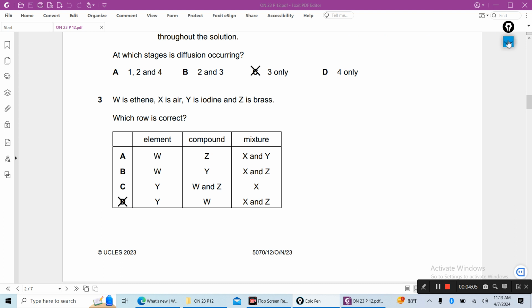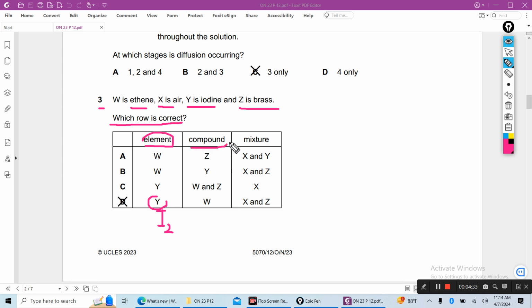Now number 3. W is ethene, an alkene, X is air, Y is iodine and Z is brass. Brass is an alloy. Which row is correct? Element Y, iodine is I2. So this is a group 7 element. Compound W, ethene, C2H4.